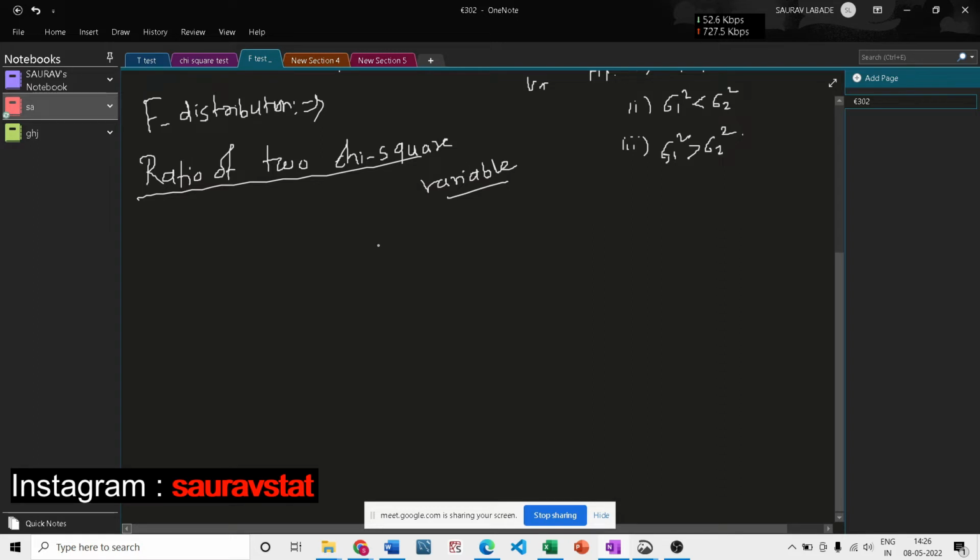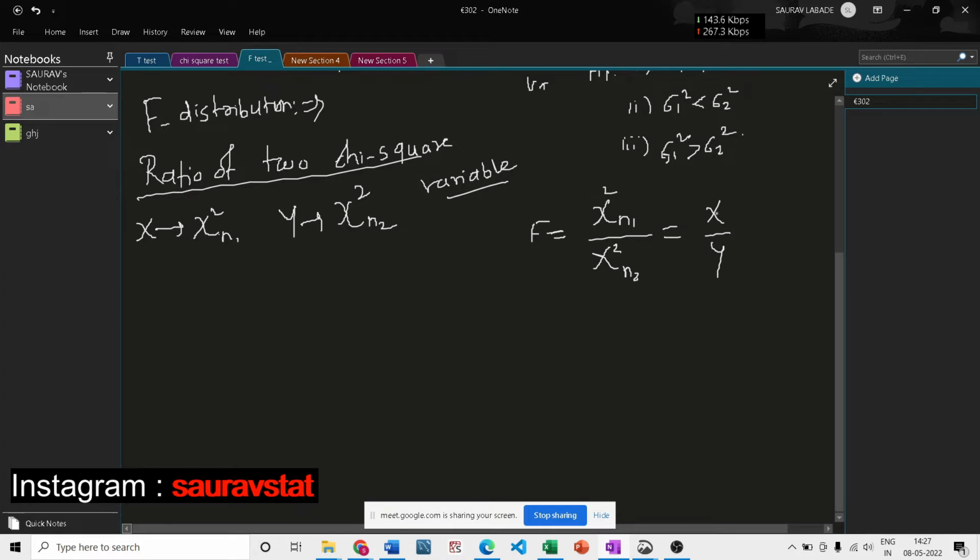That means, suppose x is a variable following the chi-square distribution with n1 degrees of freedom, and y is a variable following the chi-square distribution with n2 degrees of freedom. Then F equals chi-square n1 divided by chi-square n2, that is, x by y.